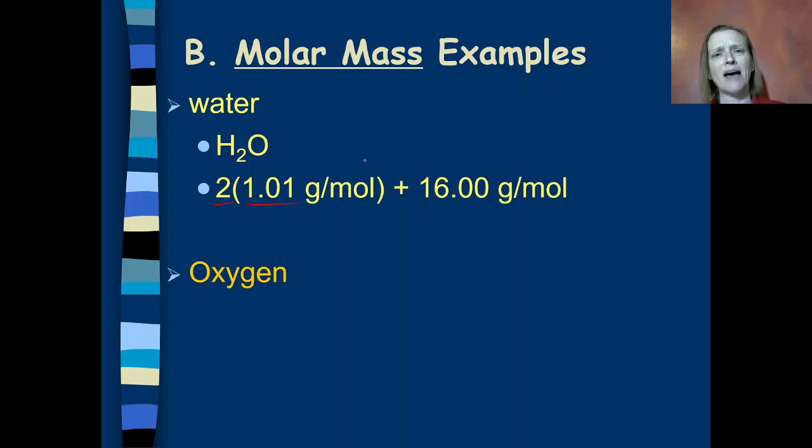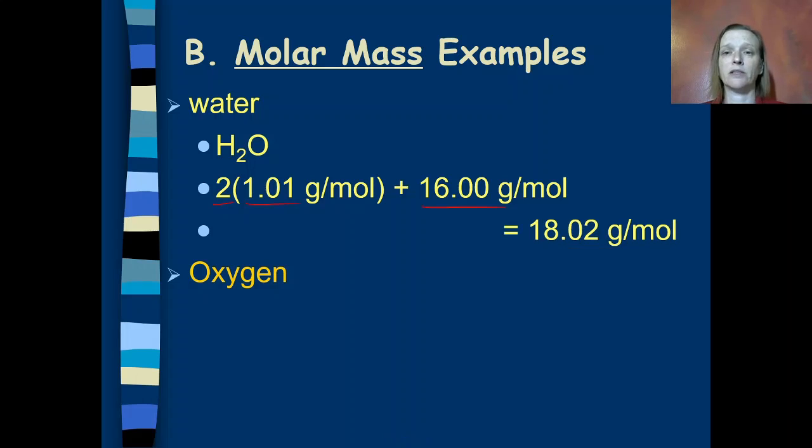And then I add in the mass of my 1 oxygen atom, which is 16.00 grams per mole. Remember that we don't write the number 1 in the formula, but we wouldn't write down the letter O unless we had at least 1 oxygen in the molecule. If you do the math and add that all together, then you get 18.02 grams per mole for the molar mass for water.